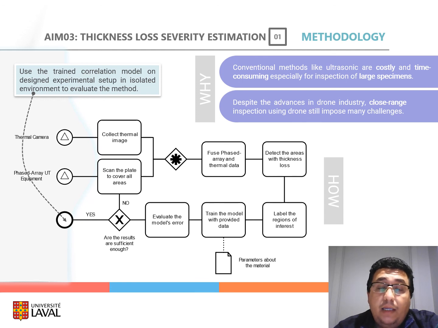We detect the areas with thickness loss and how much the thickness loss actually is, and then we train a correlation model based on these data. If it proves to be significant, we can use this model on the thermal images collected by a drone to see whether we can use it as a standard approach for this kind of inspection.